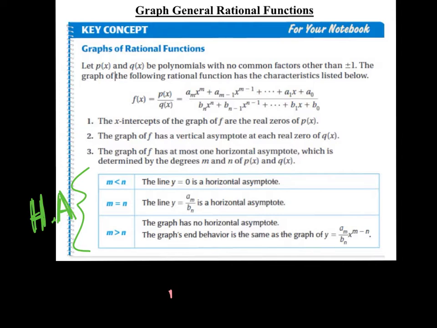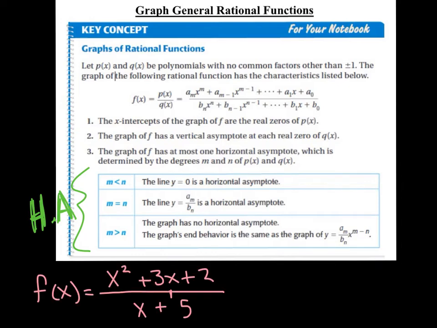So I'm going to write down an example here. I gave you the function x squared plus 3x plus 2 over x plus 5. If we're looking at this, the box here where it has your m and n values, the top is really just a polynomial, just not with any numbers being shown.